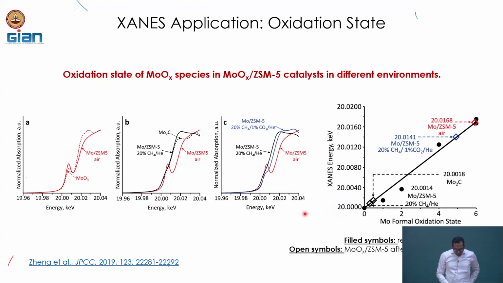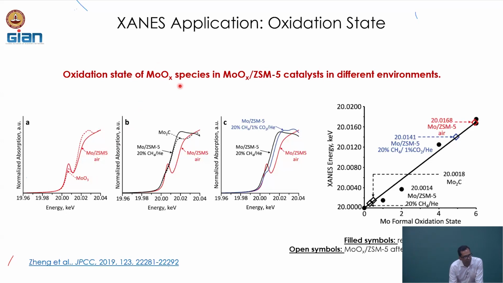Here we have moly oxide species on ZSM5 support, and we have different conditions and different XANES spectra for these moly oxide species. In the first case, we take the MoO3 and we take the moly on ZSM5.